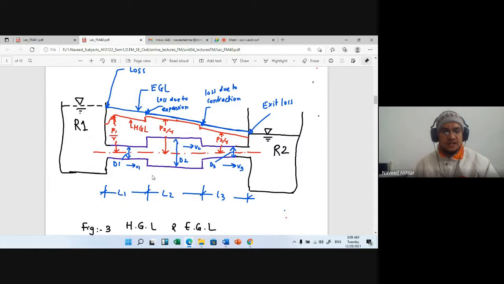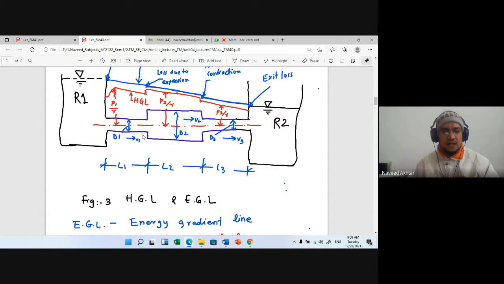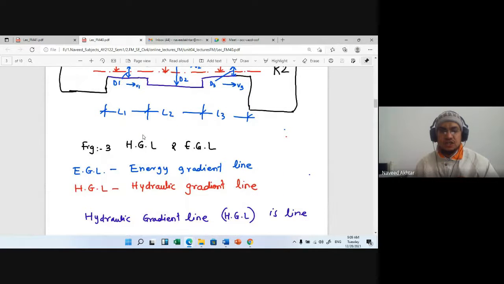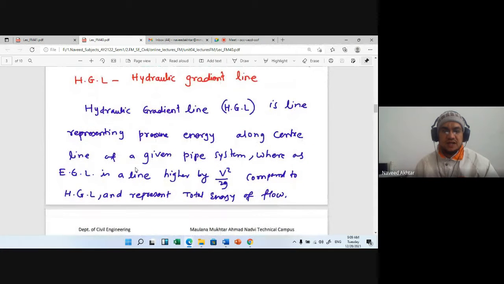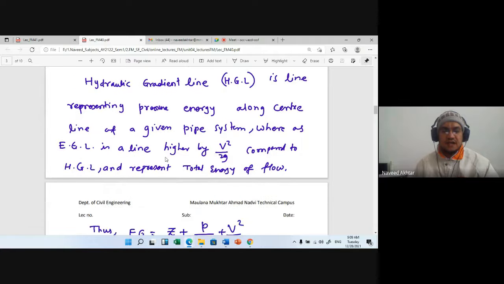And the total energy line, that is the energy gradient line EGL, and the hydraulic gradient line HGL. The hydraulic gradient line is the line representing pressure energy along the central line of a given pipe system, whereas the energy gradient line is a line higher by V square upon 2g compared to the hydraulic gradient line, and represents the total energy of the flow.